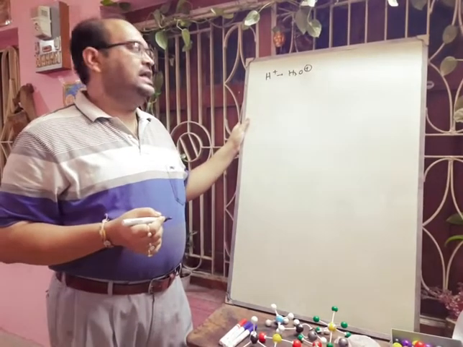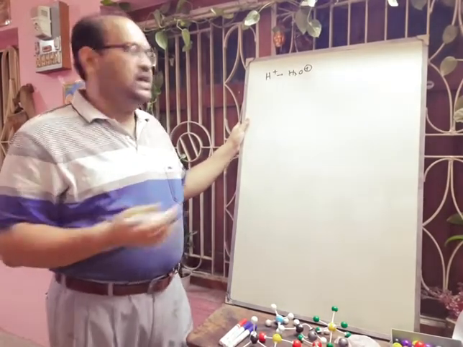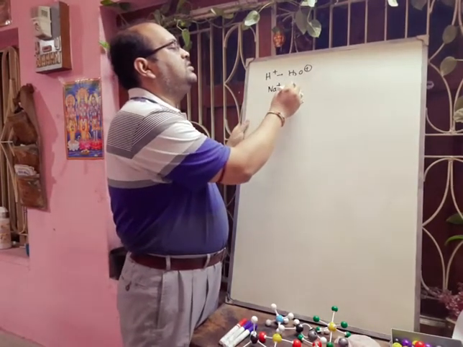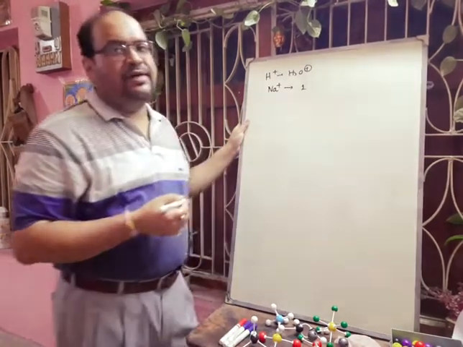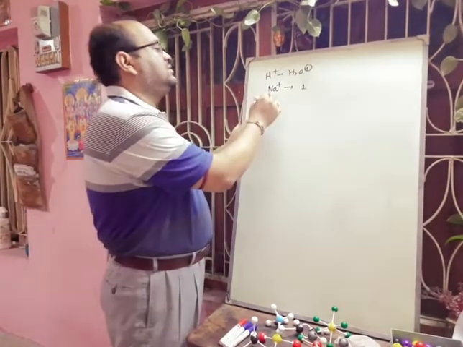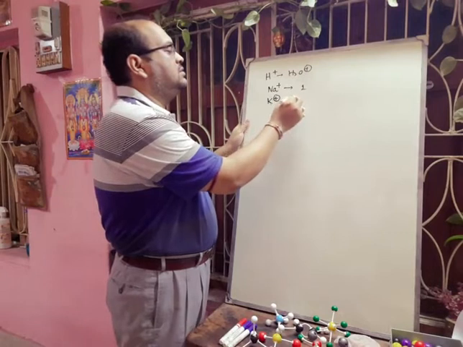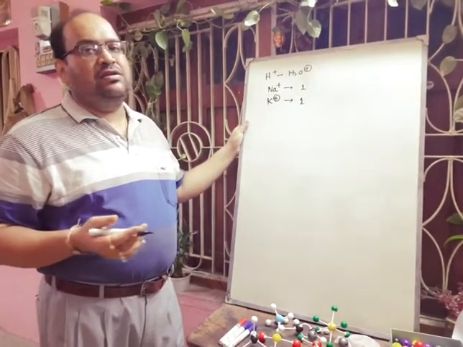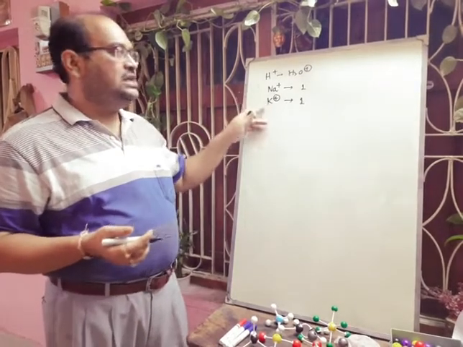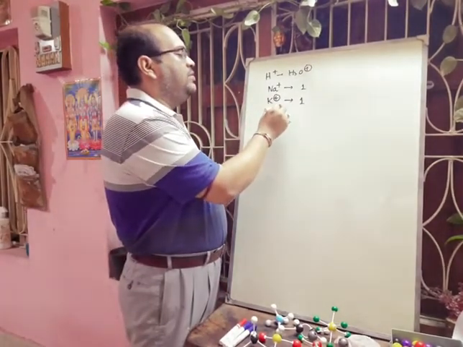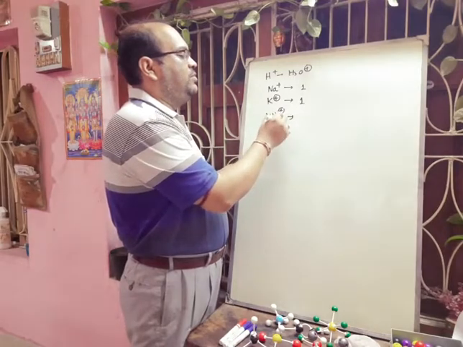Next, sodium Na plus, its valency will be 1, so these are monovalent radicals. Potassium K plus. Next I am writing one basic radical containing no metal, as these are generally metals. NH4 plus, the ammonium ion, has no metal present.